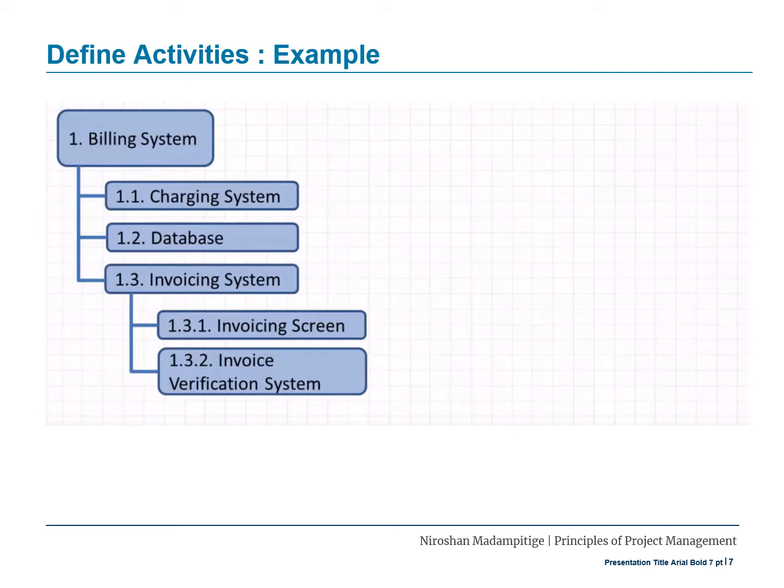Number one, the charging system. Number two, a database. Number three is the invoicing system. As per the figure, you see that the invoicing system is further divided into two work packages, namely the invoicing screen and the invoice verification system.